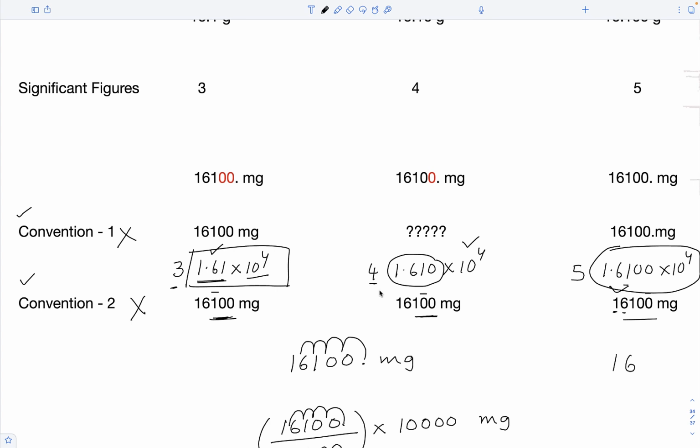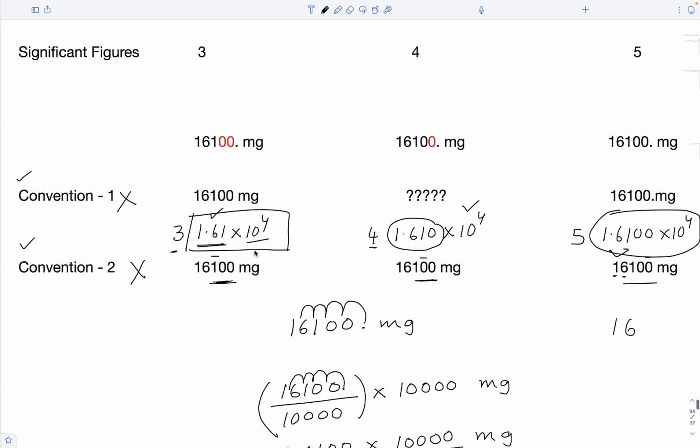Because the location of the decimal point does not affect the precision or the number of significant figures, you can totally ignore this exponent term to determine the number of significant figures. All you need to determine the number of significant figures is this significand.